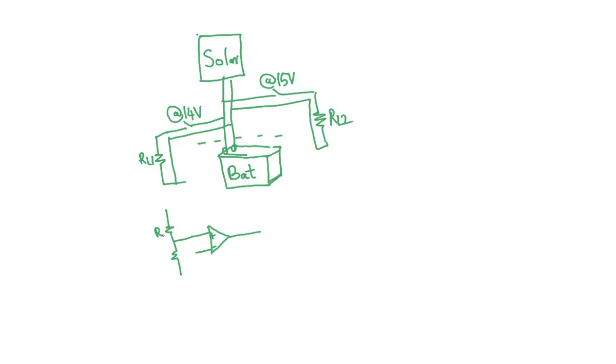So this is some resistor, this is some resistor, and this is some reference voltage. Let's say we find some way to make this reference voltage 7 volts, so that when I connect this signal to that resistor, when it crosses 14 volts, my output says, yeah, now connect this switch, turn this switch on.